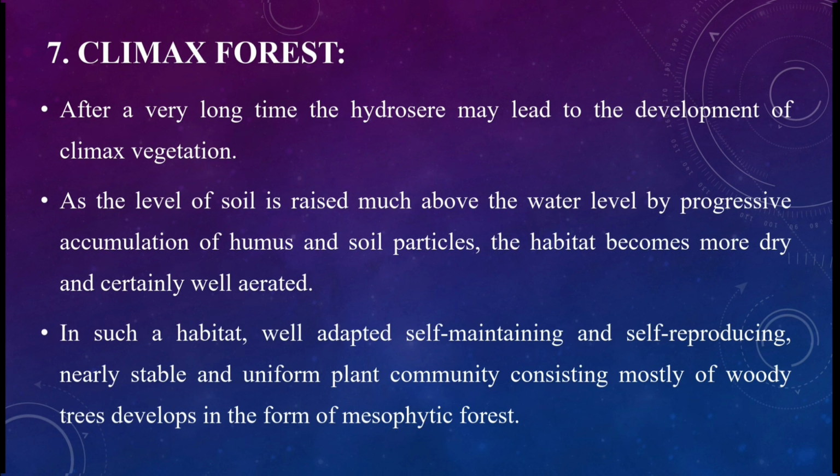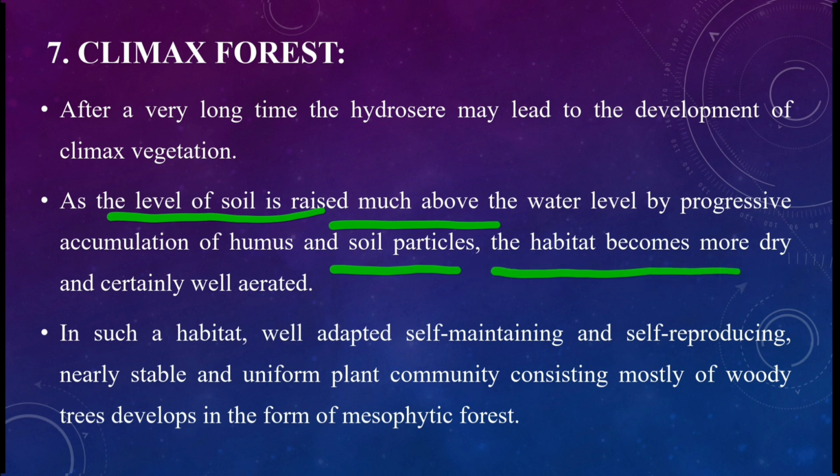Okay. Next is the final stage, which is climax stage, forest stage. After a very long time, hydrosere may lead to development of climax vegetation as the level of soil is raised much above the water level by progressive accumulation of humus or organic matter with soil particles. The habitat becomes more dry and certainly well aerated.